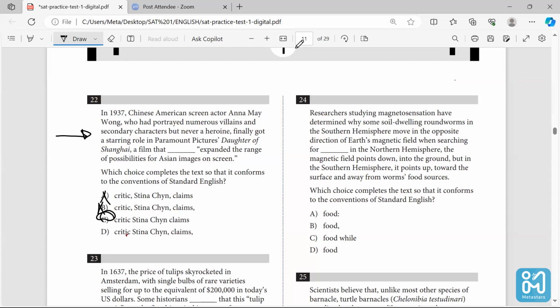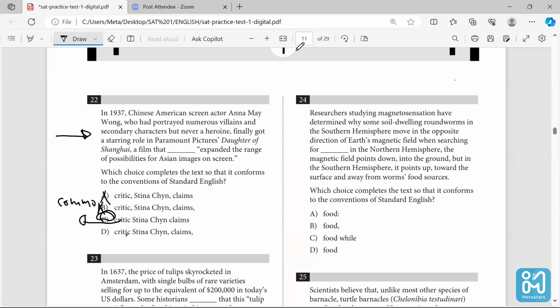If I want to talk about the rule, Lino, why is the answer C? Because literally there is no reason to put the comma there. There's no need, right? But generally, if I want to say that this critic here means a common noun, right?